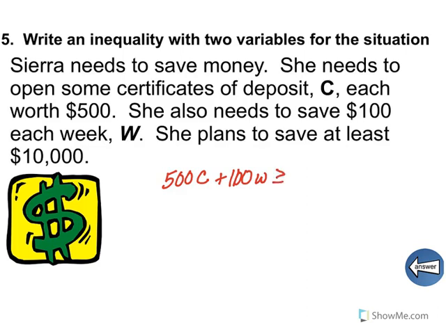So at least means greater than or equal to $10,000. So there would be your inequality here. This would help you figure out the number of certificates of deposit she would need to open, and the number of weeks she would need to save.